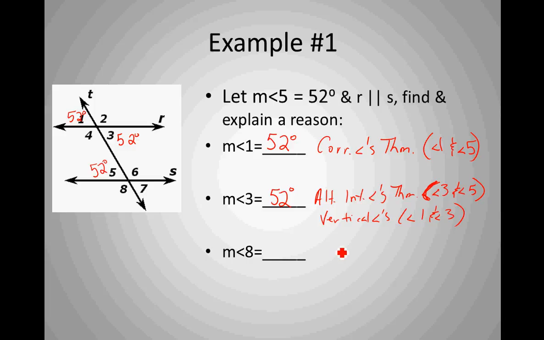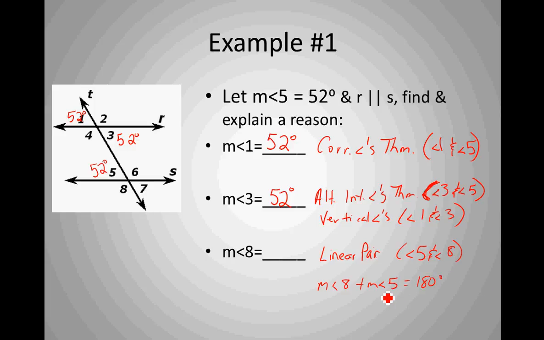And what you can do is, since you know angle 5 in that diagram, angle 5 and angle 8 actually form a linear pair. And by definition, a linear pair is two adjacent angles that form a straight line. And we also know that a linear pair has a sum of 180 degrees. So to figure out the measure of angle 8, the measure of angle 8 plus the measure of angle 5 would equal 180 degrees from what we studied before.